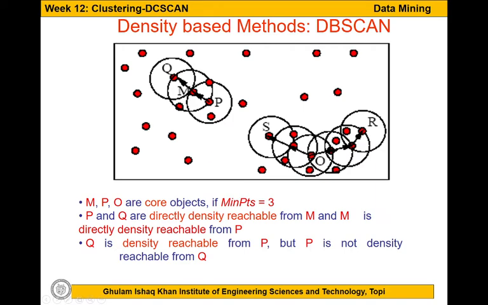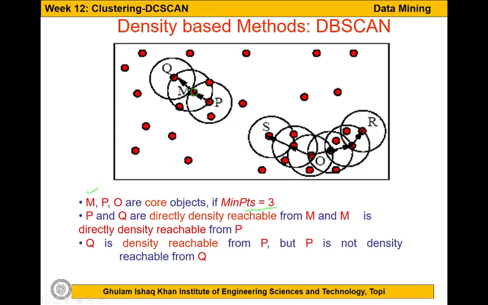Let me change the color. In the example you see that these points M, P and O are core objects, provided that MinPts is 3. Let's see M, where is M? This one is M. Within this epsilon neighborhood we have 3 points, 1, 2 and 3. This is core, fine.